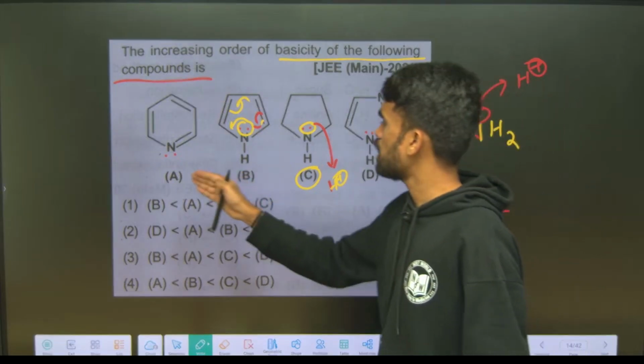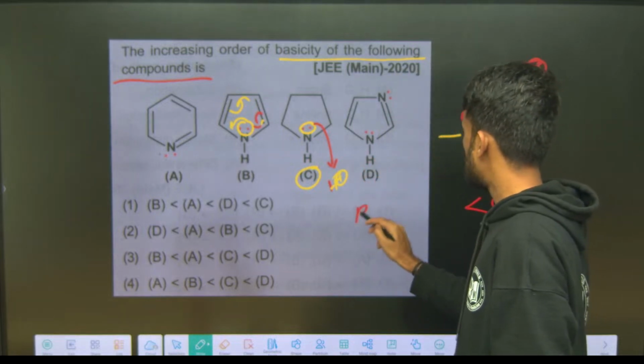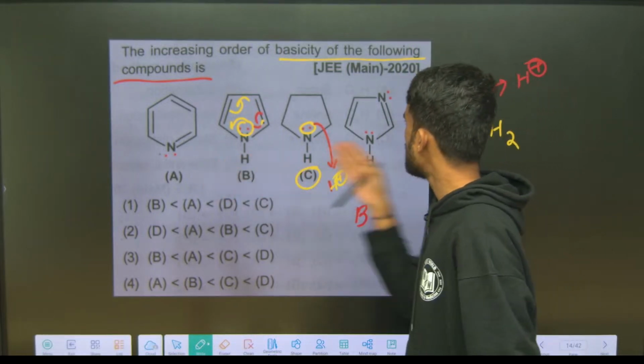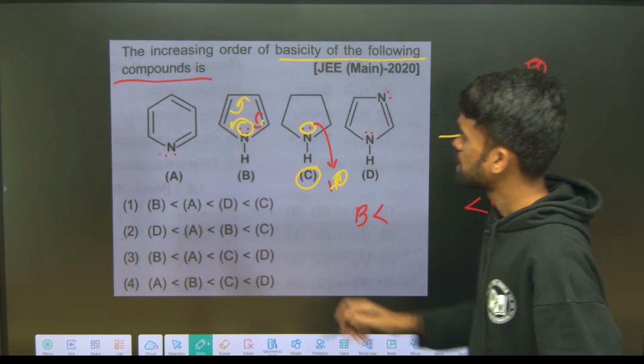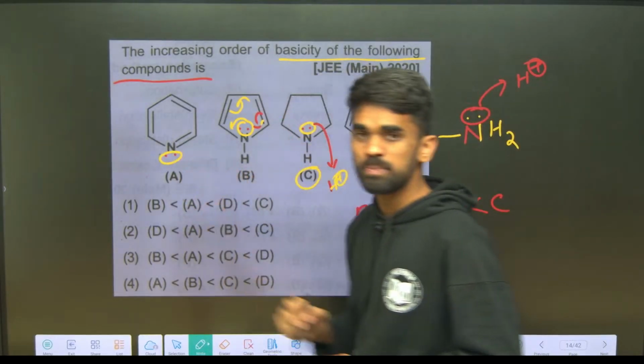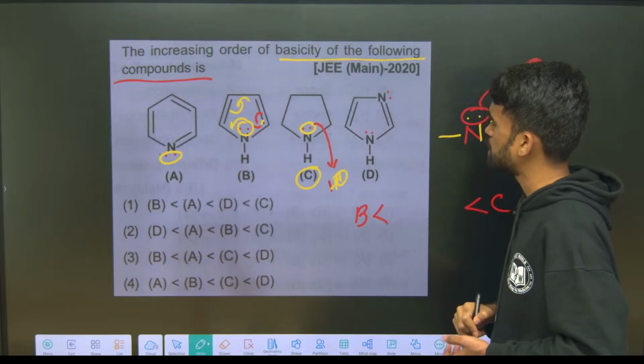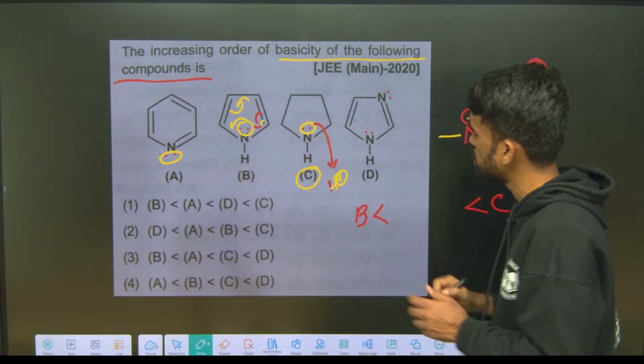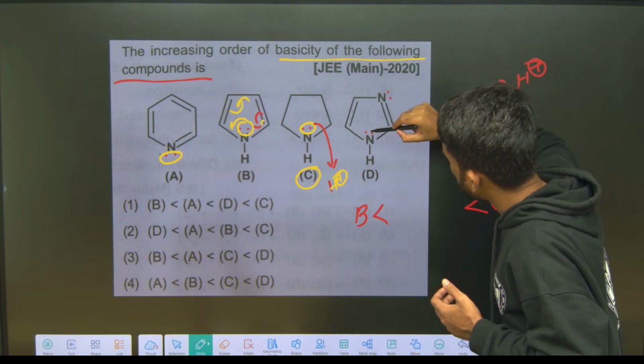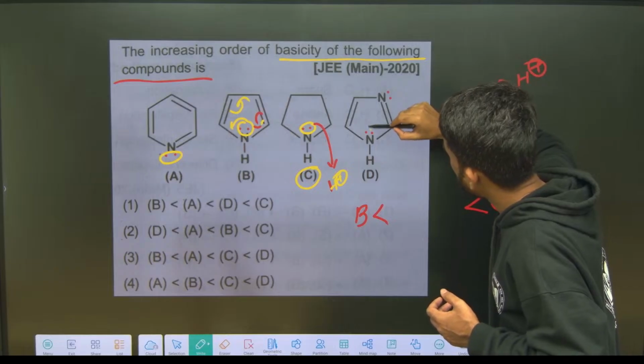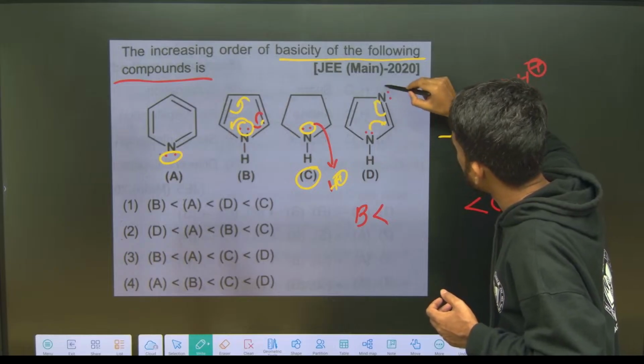And among A, B, D, I told you B is least basic. Between A and D, how can you decide? See here, these lone pair electrons are present on an sp2 nitrogen, and here also on an sp2 nitrogen. But when these electrons push to this side, it can have more electron density.